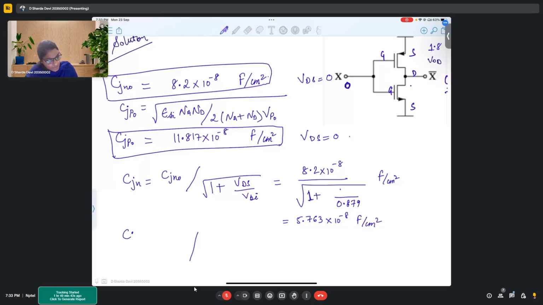So here instead of 0.8, we'll write 1.8 and we have to calculate this value.